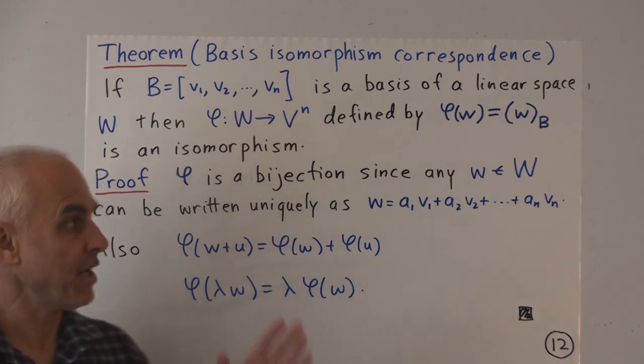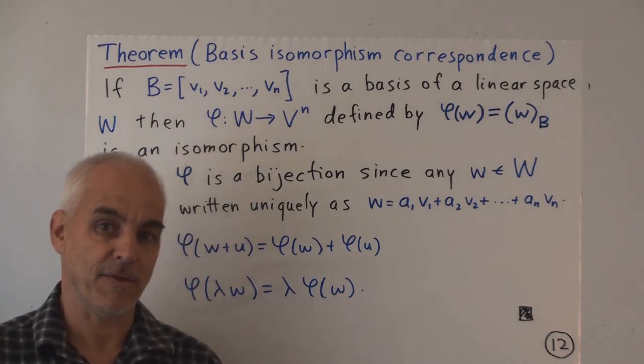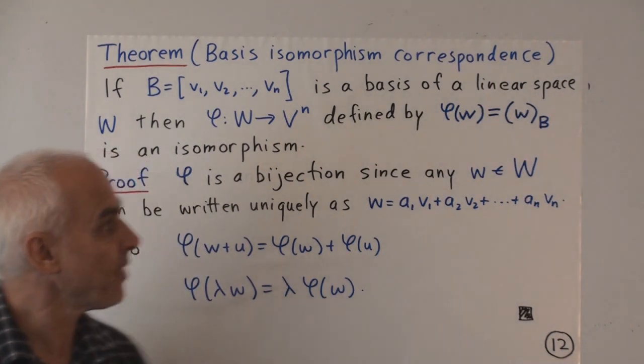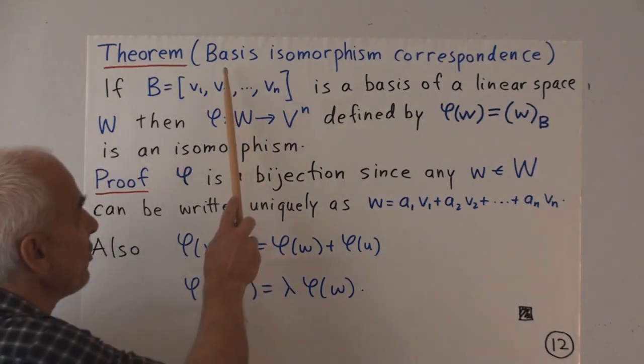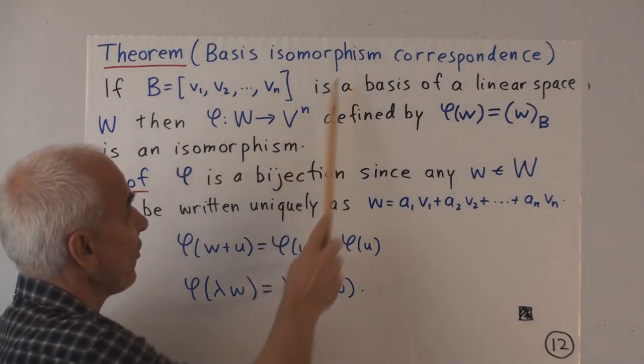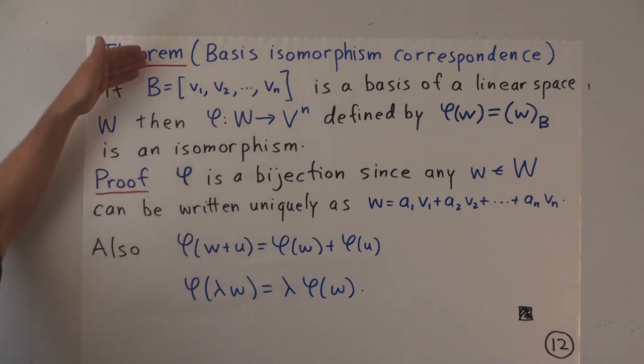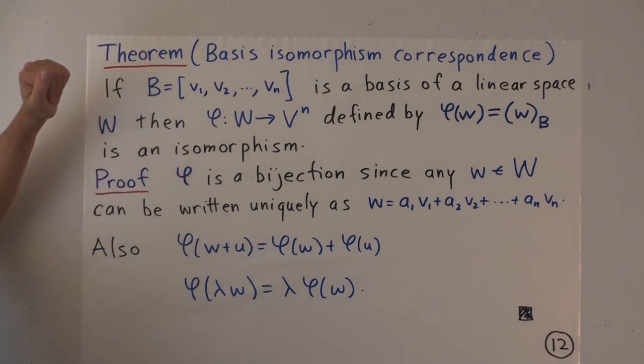And here is a general theorem that kind of captures what we've been looking at in those last two examples. The connection between a basis of a linear space and an isomorphism to vectors. So we'll call it the basis isomorphism correspondence.